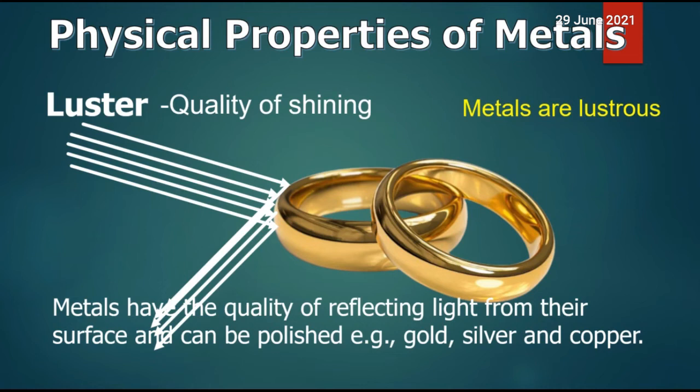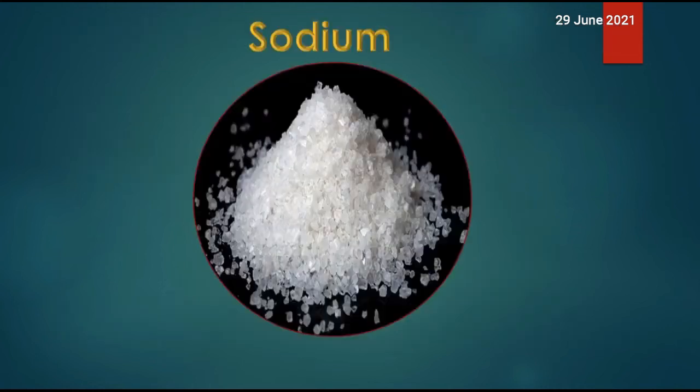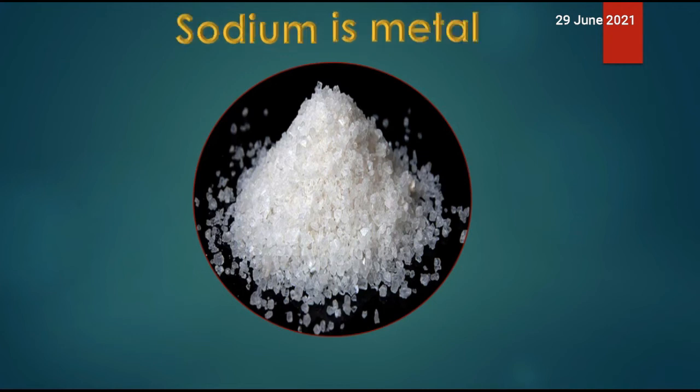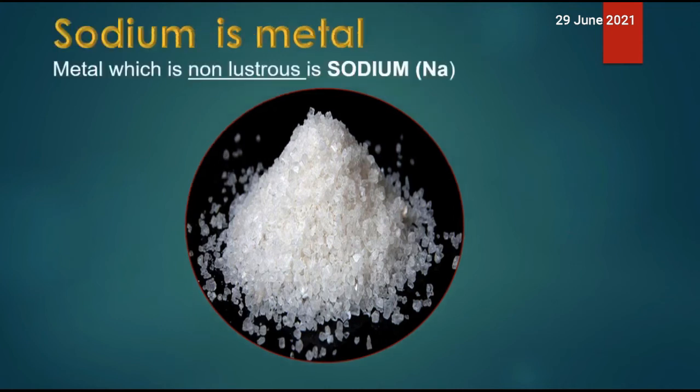But wait a minute, there is an exception here also. Sodium is a metal, but sodium doesn't shine like gold or silver. So sodium is an exception. Sodium is a metal which is non-lustrous.